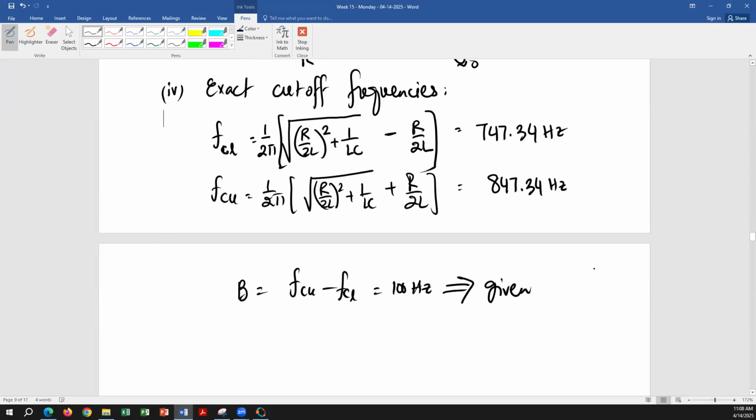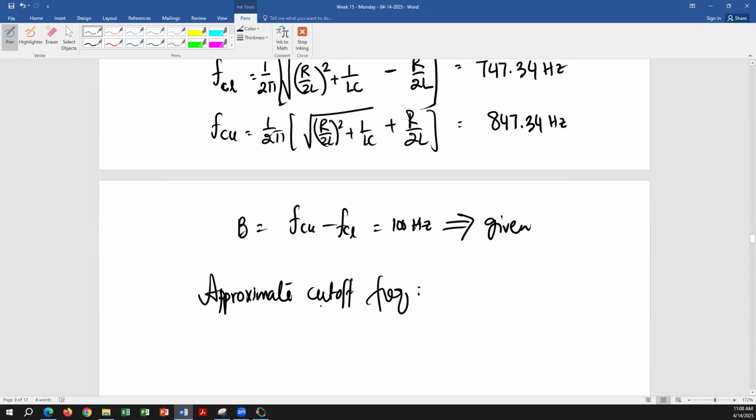Now let's look at the approximate cutoff frequencies and see how close they are, since our Q value is high. FC lower is F naught minus half of the bandwidth.